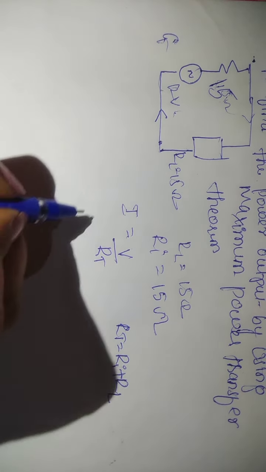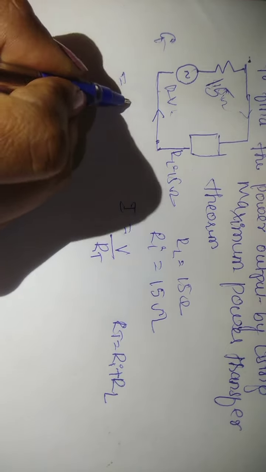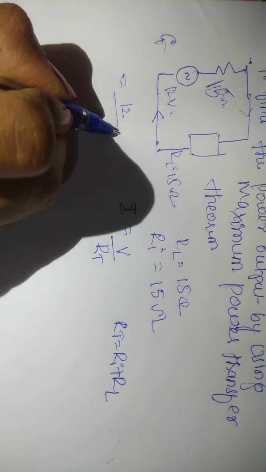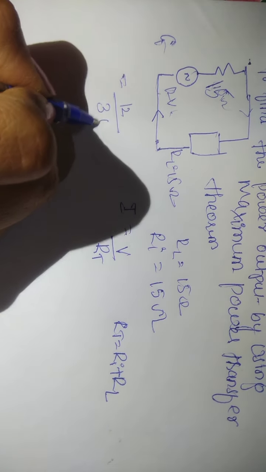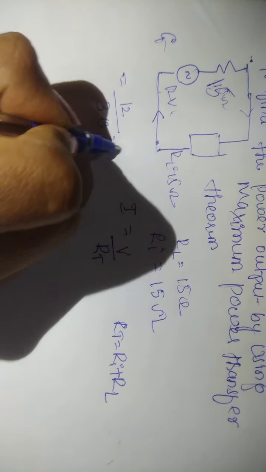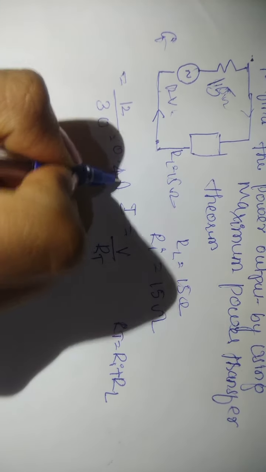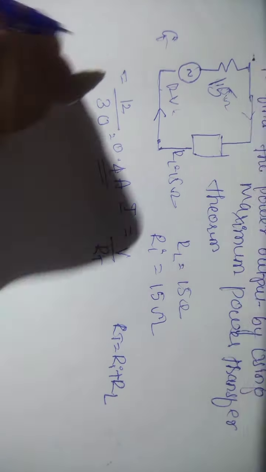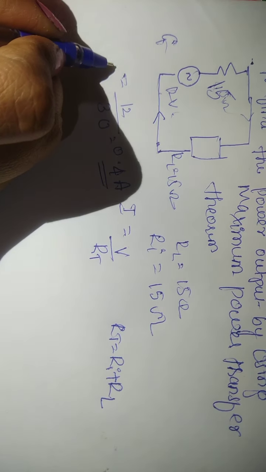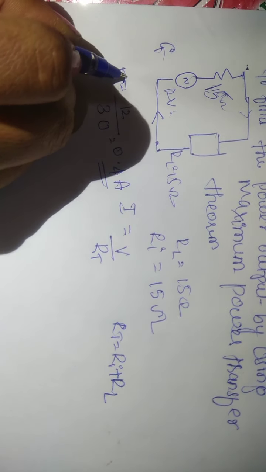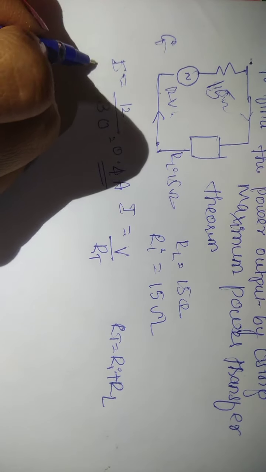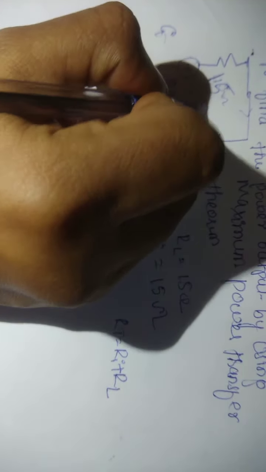V is 12 volt divided by 15 plus 15, which is 30, giving 0.4 ampere. This is the overall circuit current I.